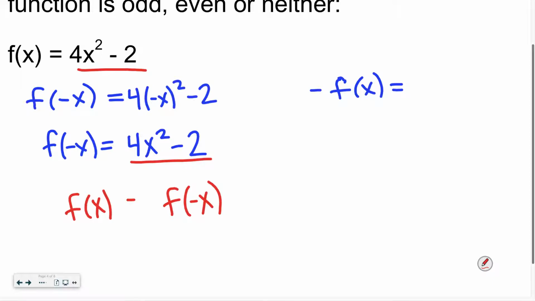Yes. Okay, so they're equal, so we can stop. We know right now that this is an even function because we showed our work that f of x and f of negative x are the same.